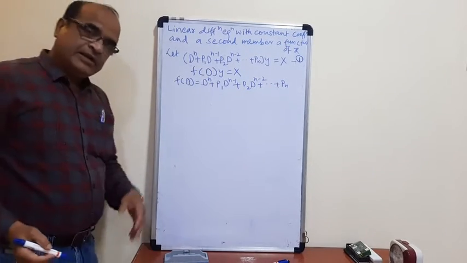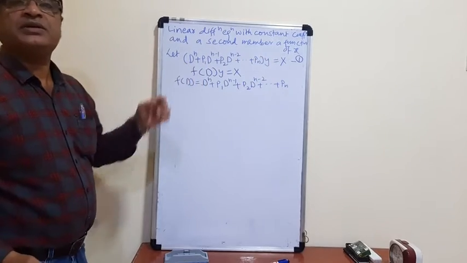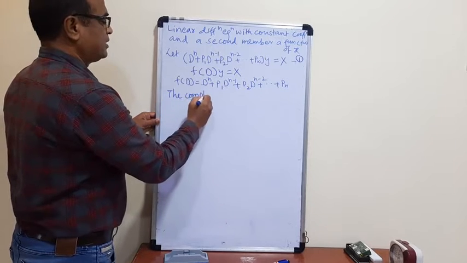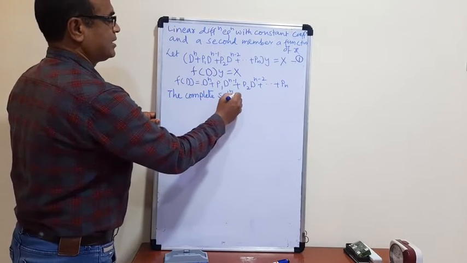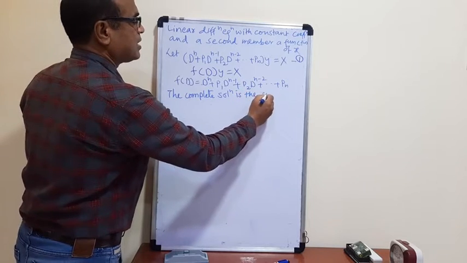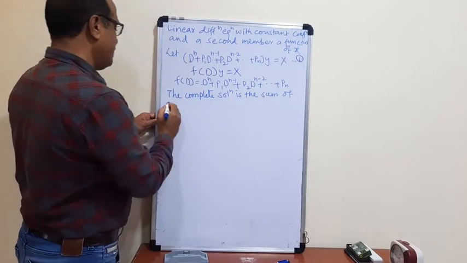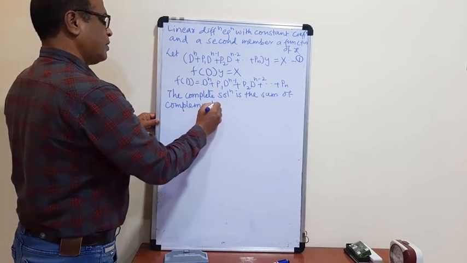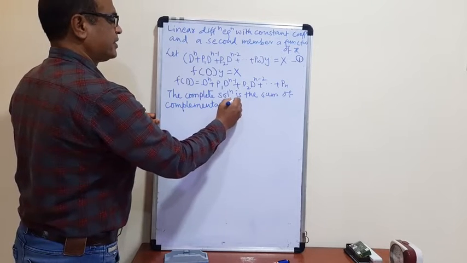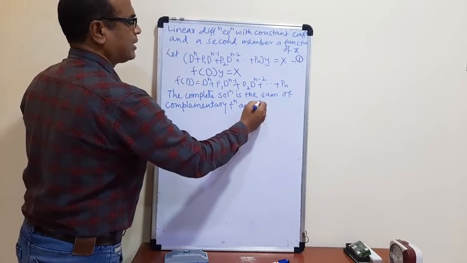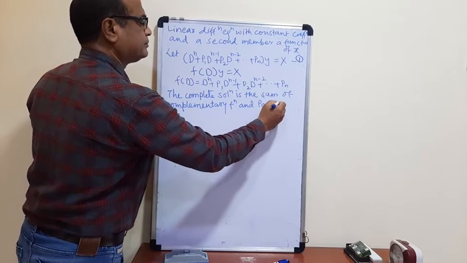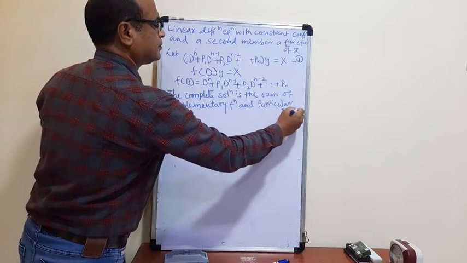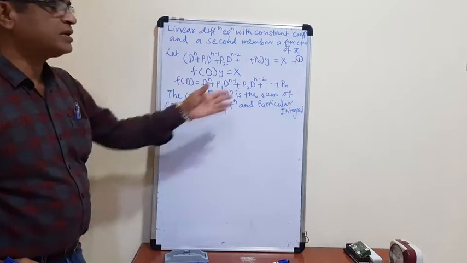Then what is the complete solution of this differential equation? Therefore the complete solution is the sum of the complementary function and the particular integral.